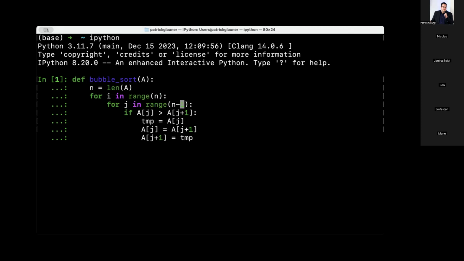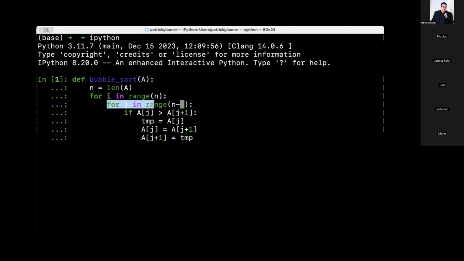What I also told you before is when we did the first pass through our data set, we were able to move the largest element to the rightmost index. And when you do a second pass, so when you complete the inner loop again and do the next pass of the outer loop, you're moving the second largest element to the right.